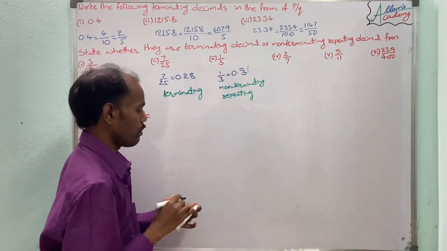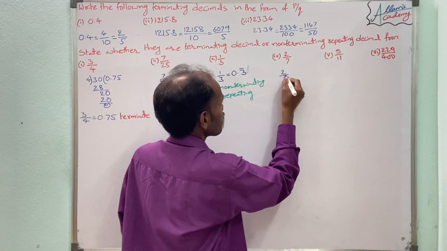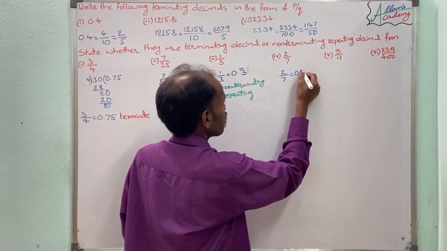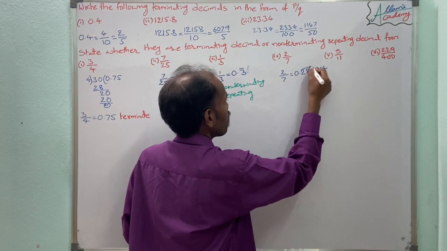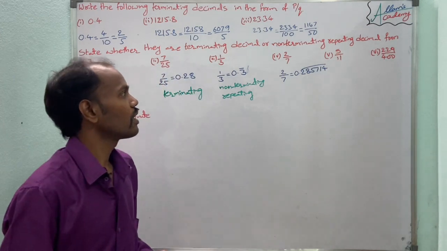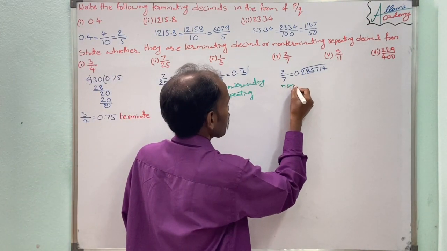Now if we simplify 2 by 7, it is 0.285714 bar. It is also repeating, so it is a non-terminating repeating decimal.